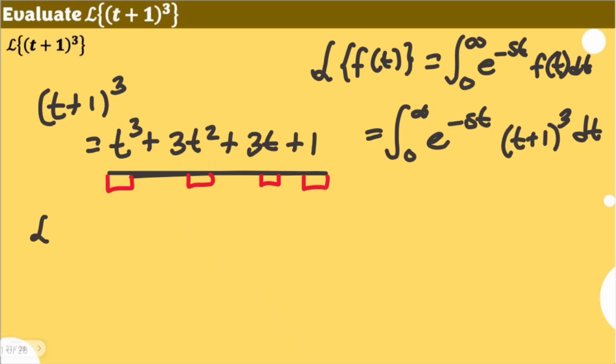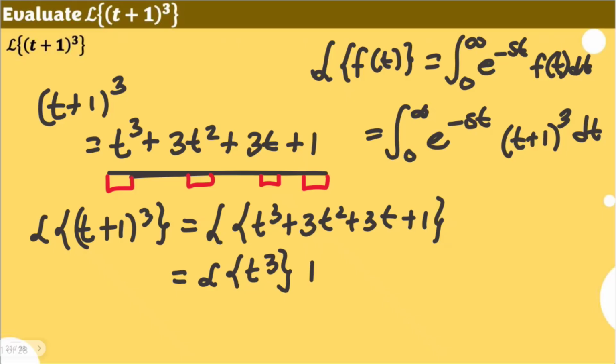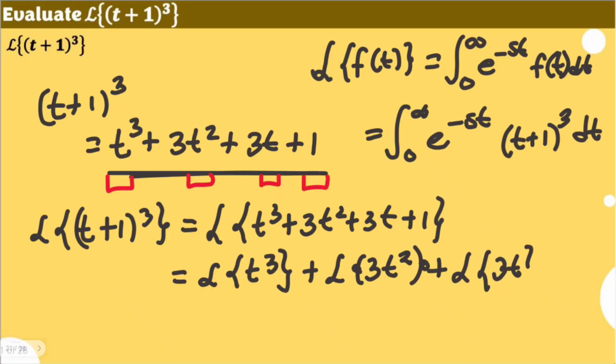So the Laplace transform of the cube of t plus 1 is equivalent to the Laplace transform of t cubed plus 3t squared plus 3t plus 1, which is equivalent, according to the linearity property of the Laplace transform, to the Laplace transform of t cubed plus the Laplace transform of 3t squared plus the Laplace transform of 3t plus the Laplace transform of just 1.